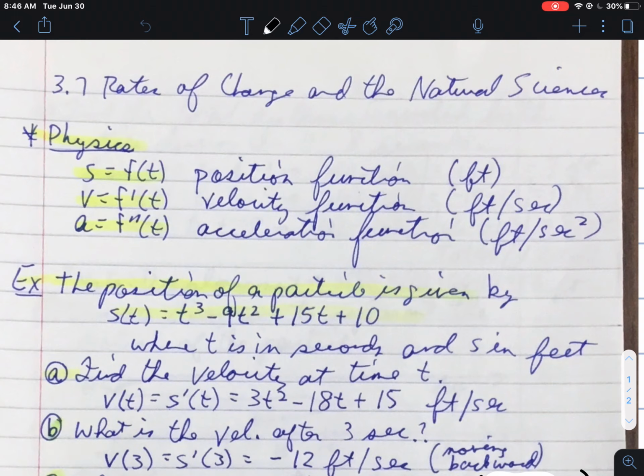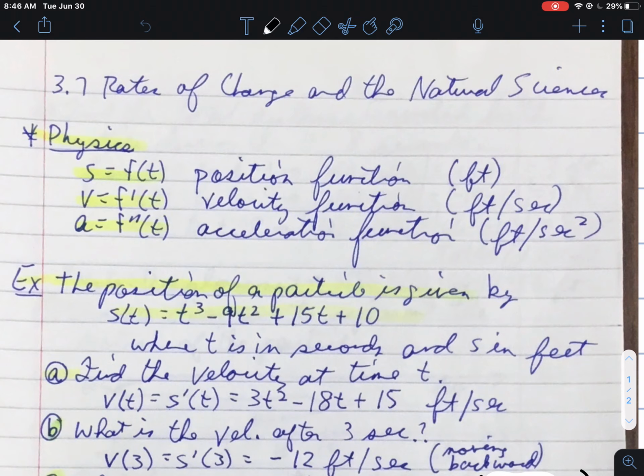And when we talk about acceleration, since acceleration is change in velocity over time, we get units like feet per second squared, or meters per minute squared. You're just going to raise the exponent on that time unit, due to the fact that each of these is a change in the previous measurement over time. So you're always just increasing the time unit. Keep that in mind.